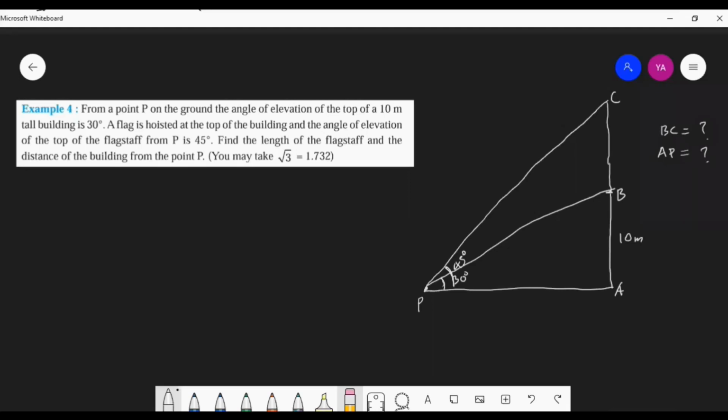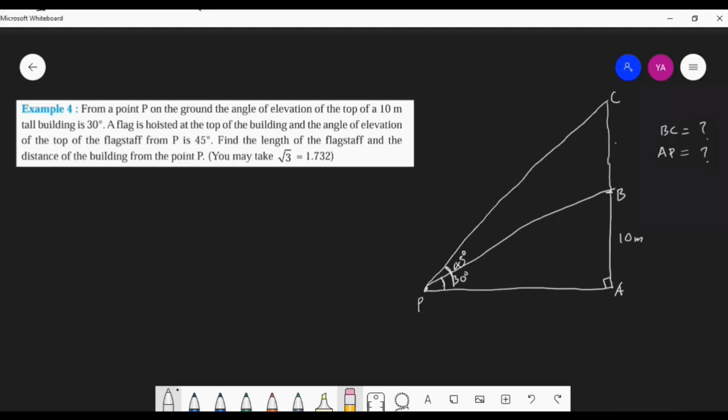From each right triangle, we can apply the trigonometric ratios, form two equations, and from those equations we can solve for the variables. Here, BC you can take with single letters, or simply take BC, no problem.